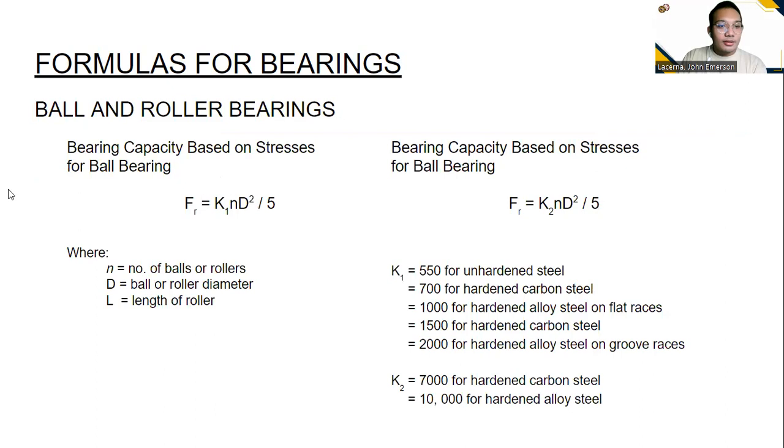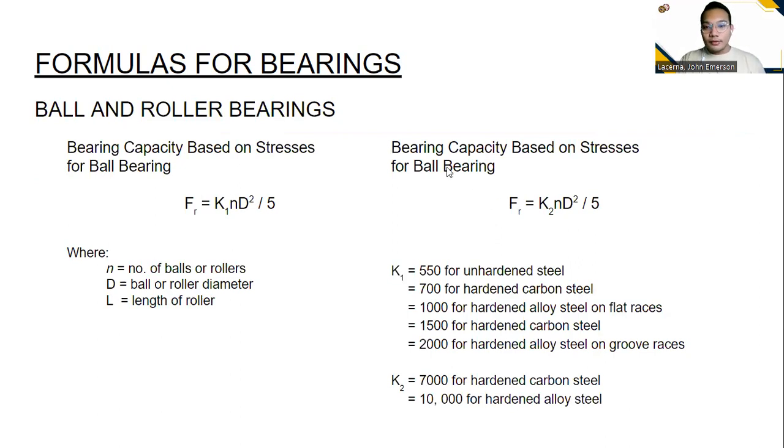Ito, ball and roller bearing formula naman. Ito yung bearing capacity based on stresses for ball bearings naman. Which is denoted by F sub R is equals to K sub 1 times the number of ball bearings multiplied by R roller diameter square over 5.